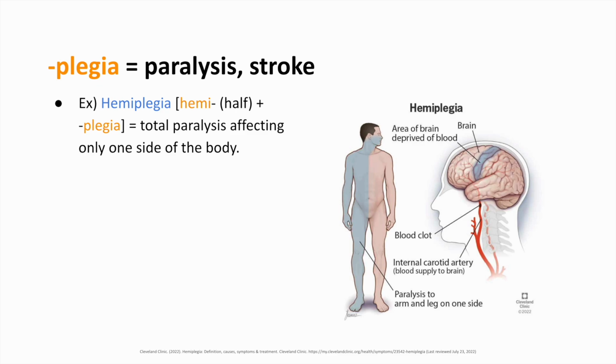Plagia is a suffix that means paralysis or stroke. So hemiplagia: hemi is a prefix that means half, like in hemisphere, and the suffix plagia. So hemiplagia means a total paralysis affecting only one side of the body.